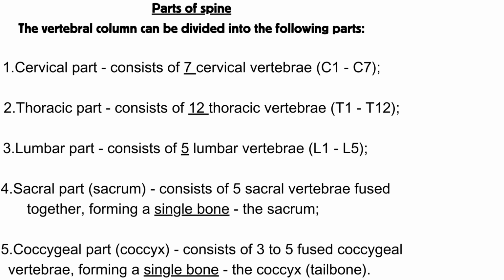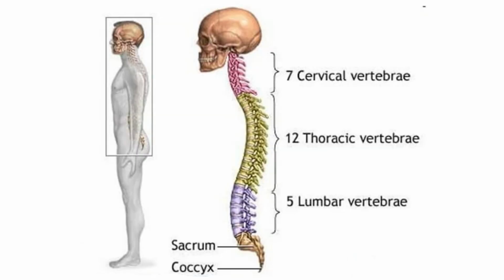Sacral part: it consists of 5 sacral vertebrae which fuse together and form a single bone. Coccygeal part: it consists of 3 to 5 coccygeal vertebrae which fuse and form a single bone, which is also called the tailbone. You can clearly see different parts of the vertebral column in this diagram.